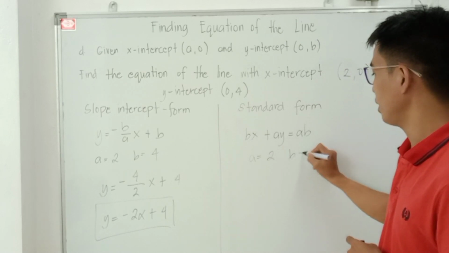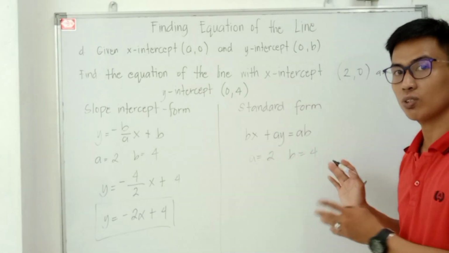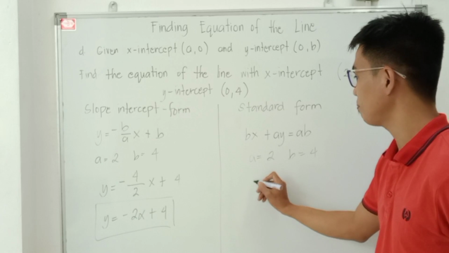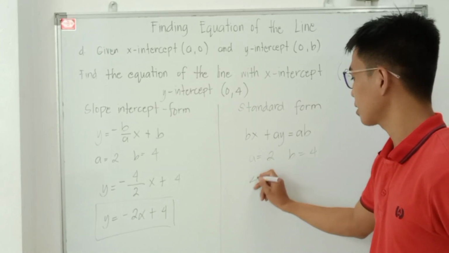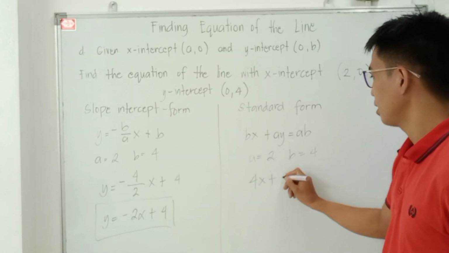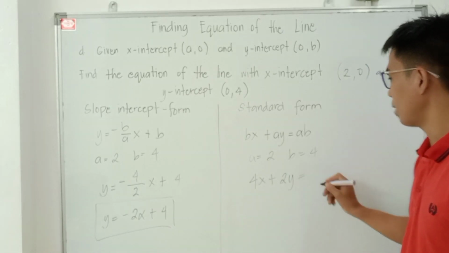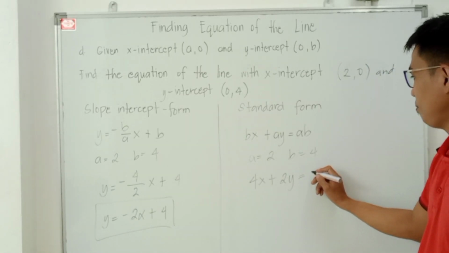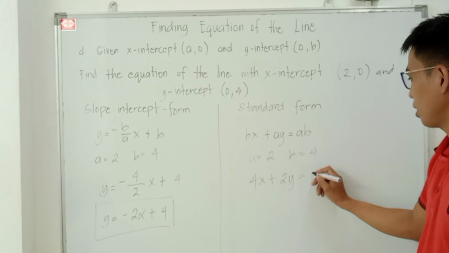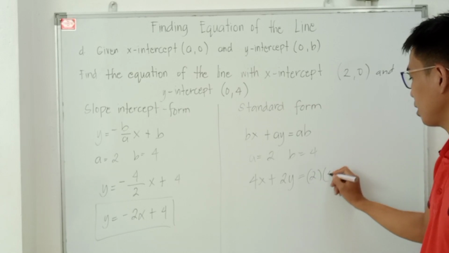The value of B is 4. So substituting the given into the formula, we have 4x plus 2y equals 2 times 4.